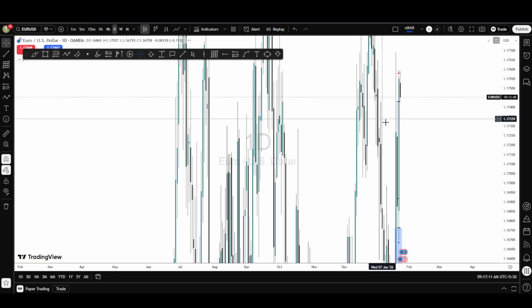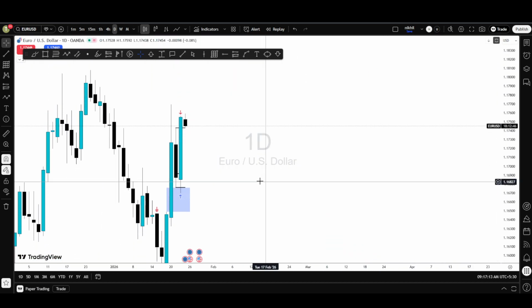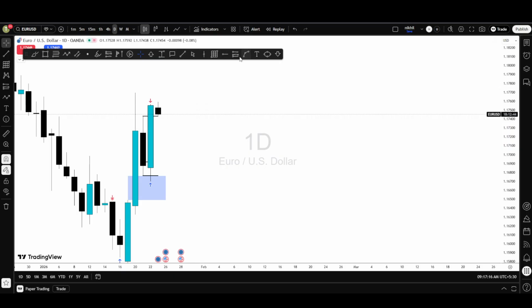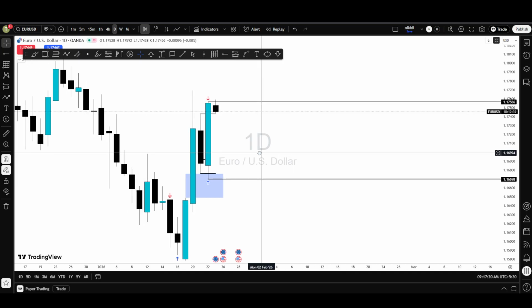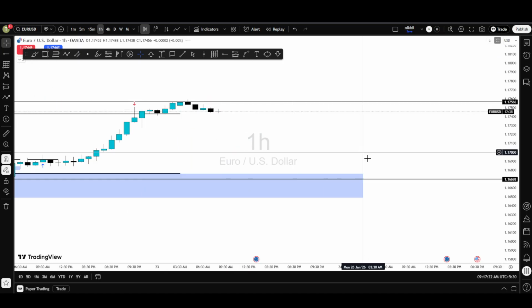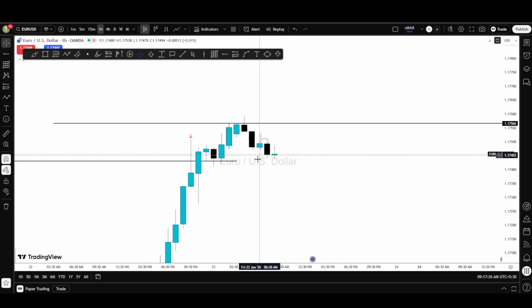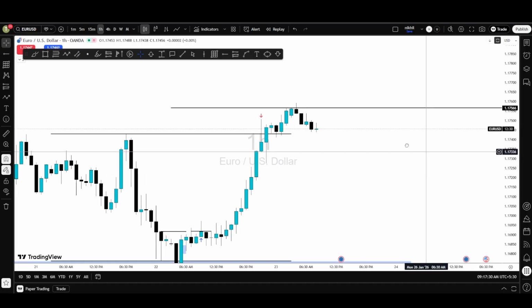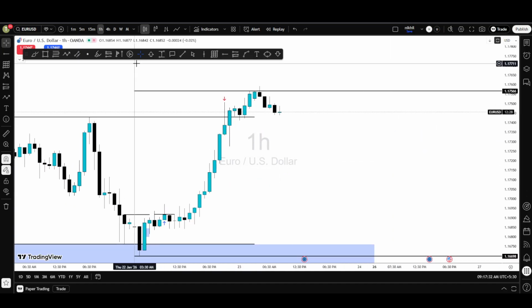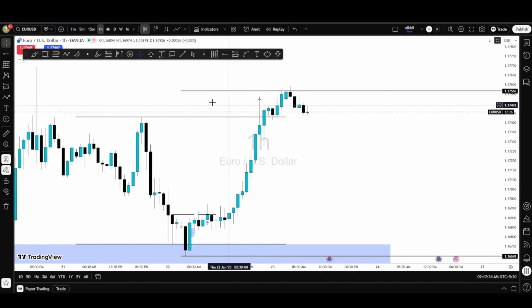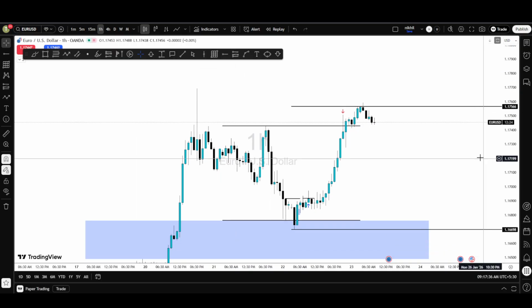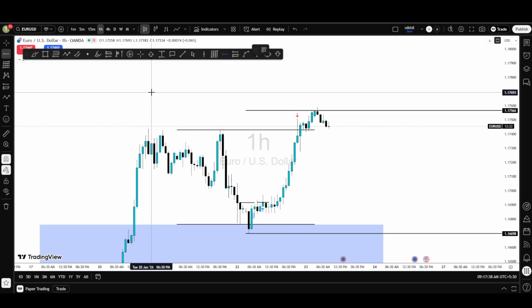So what can we expect today? Again, we can see a CRT formation. This candle high, this candle low. Again, going to the 1 hour time frame. On the 1 hour time frame, I don't see any strong displacement. Even if I want to take a short trade, it might be risky because we still haven't taken out this buy side liquidity.